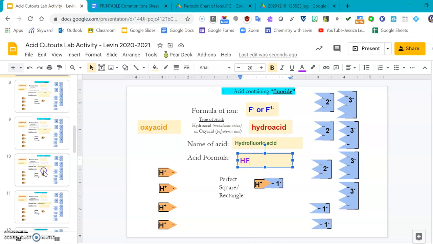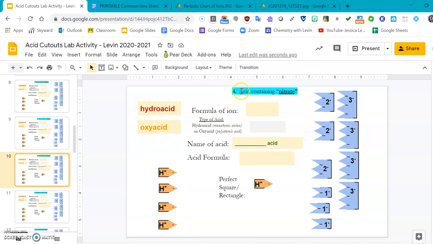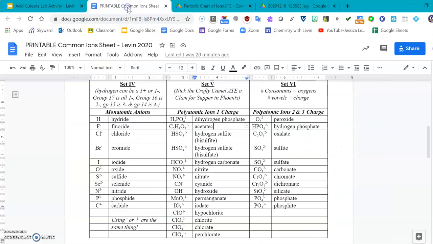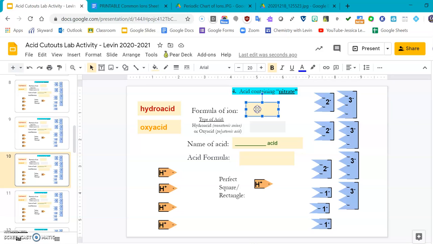I'm going to scroll down here to an acid containing a nitrate. All right, so nitrate for number 4 on here, nitrate is NO3 1 minus. So I would click in here and write NO3, and then I would do superscript 1 minus or just minus.